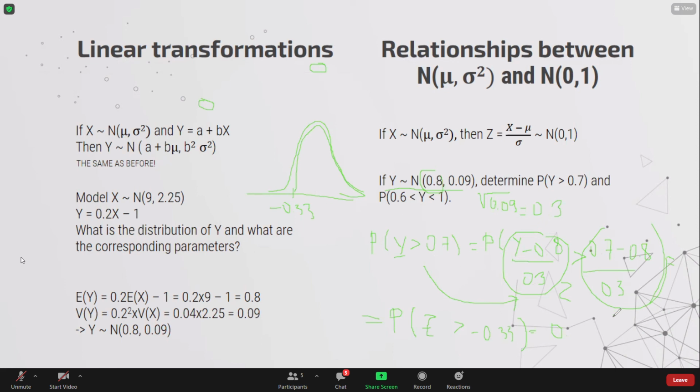Because here we are searching for the area that is bigger than our number. But our number here is with minus. And we found in the table that this part here is 0.6293. But it seems weird to have the smaller part being more, because for that part we have 0.62, and for that part we will have 0.3707, as was said in the chat.